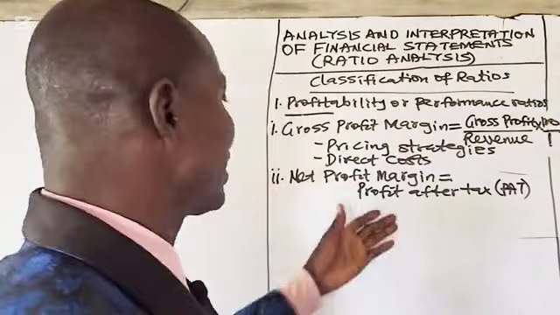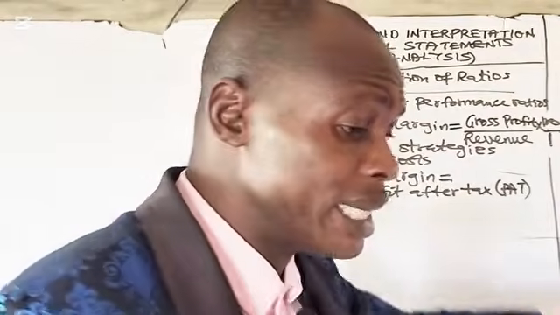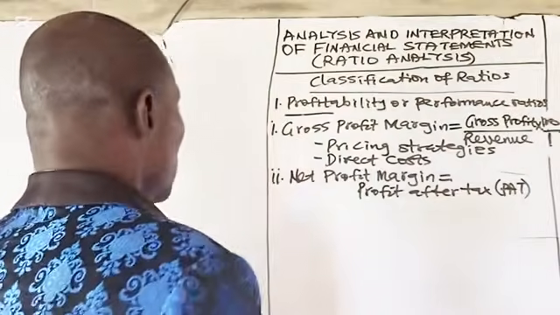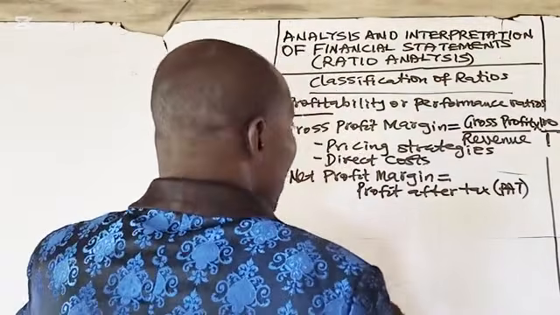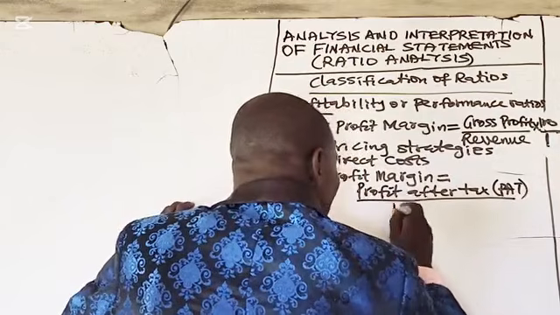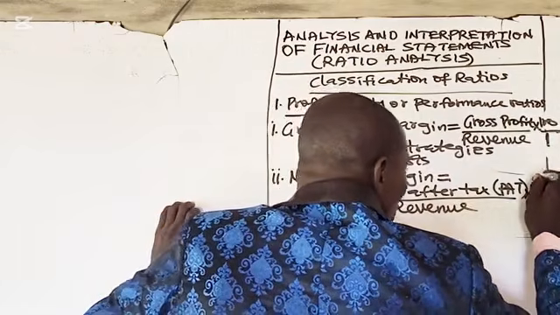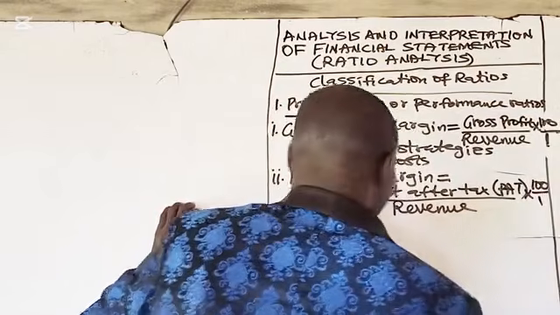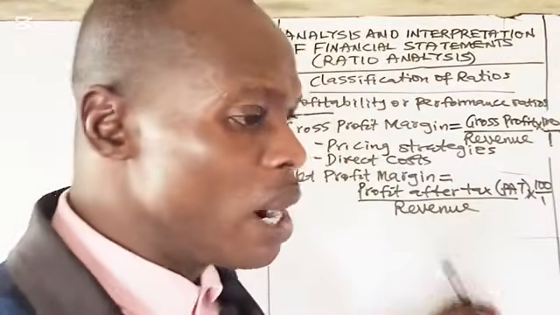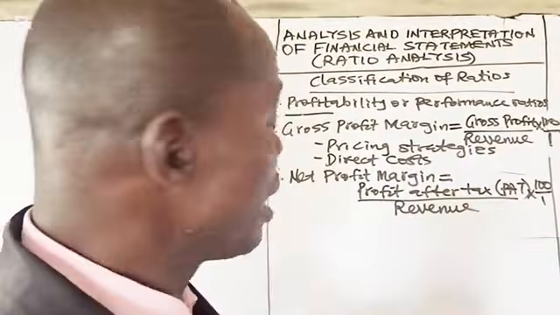So, to calculate the net profit margin, we have the profit after tax over revenue, times 100 over 1. That is the net profit margin. For this ratio, the higher the better.